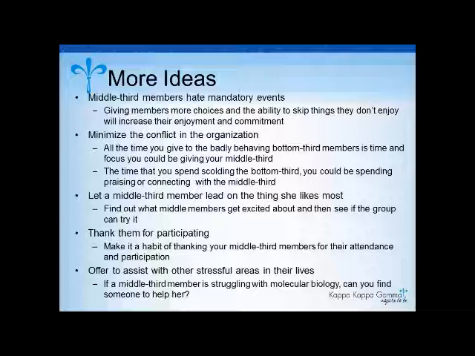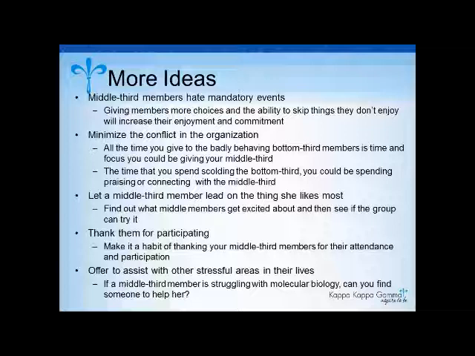They absolutely hate mandatory events. So if you can give all members more choices and the ability to skip the things they don't enjoy, that will increase their enjoyment and commitment to the organization. Middle members don't like conflict, and I think we saw that on a previous slide. They're the people who want to get along, who want to be friends with everyone.